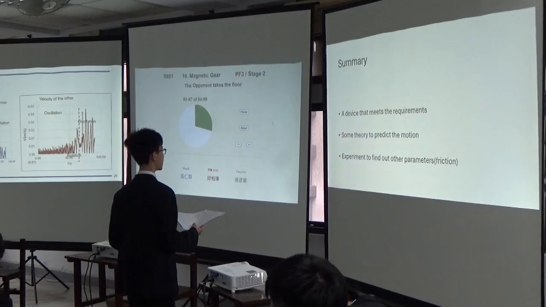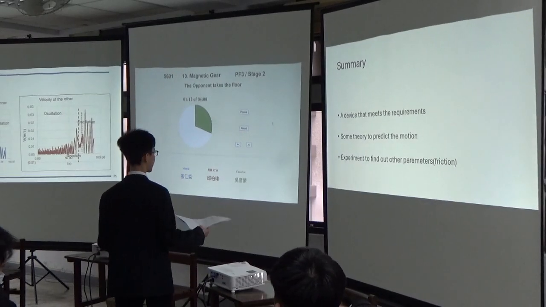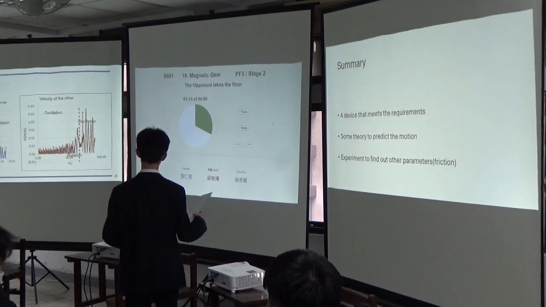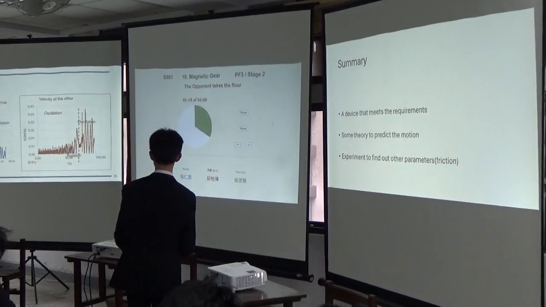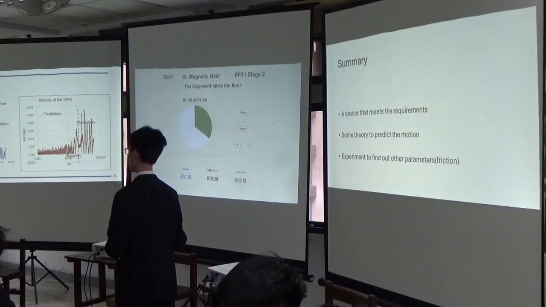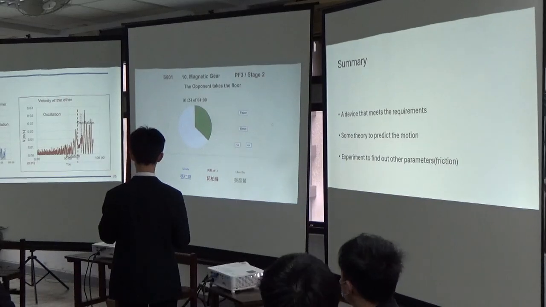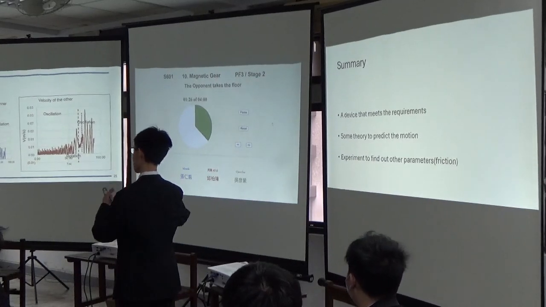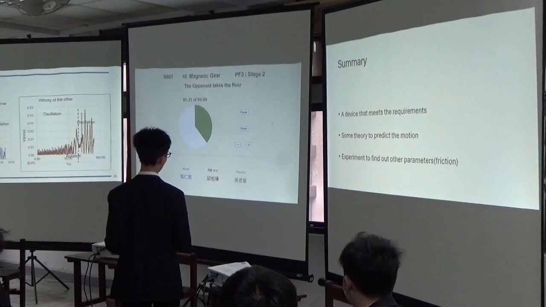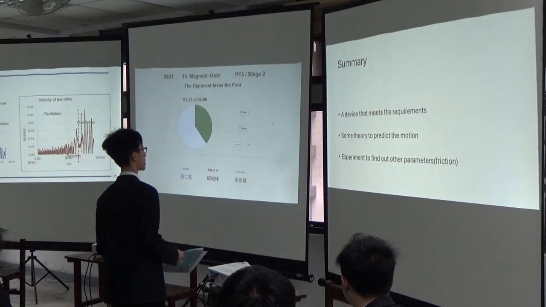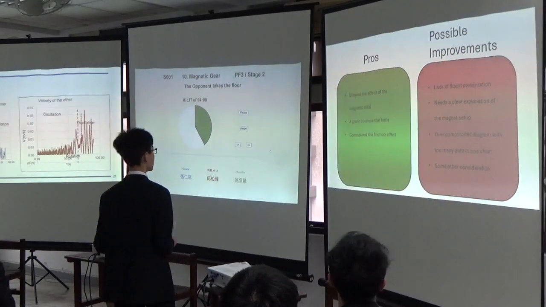We see the device meets the requirement, and we see the device of the experiment and some theory about the magnetic field, which is a function of the position, and experiment to find out other parameters like friction. Okay, these are some pros and improvements.